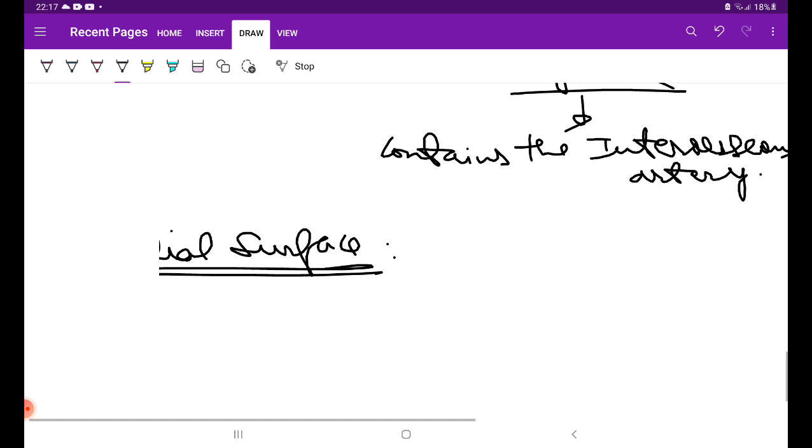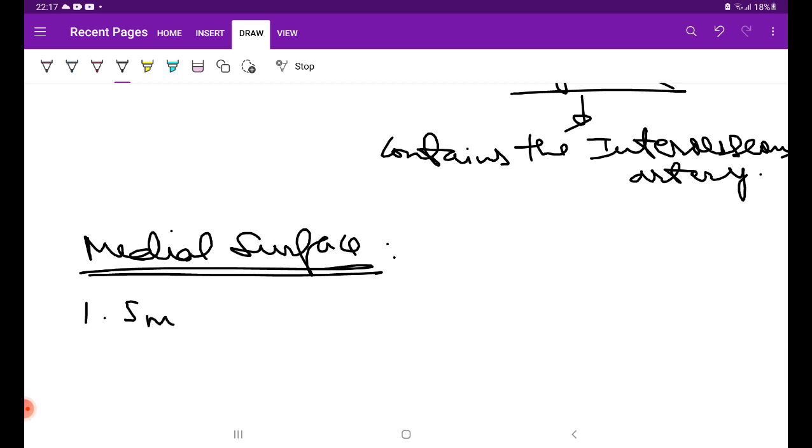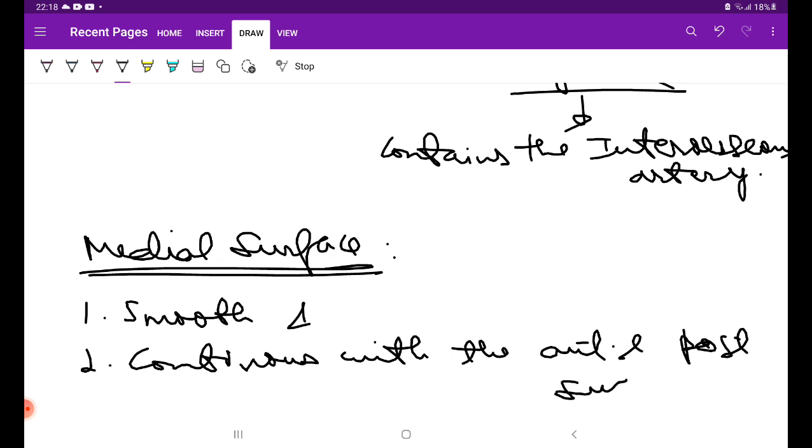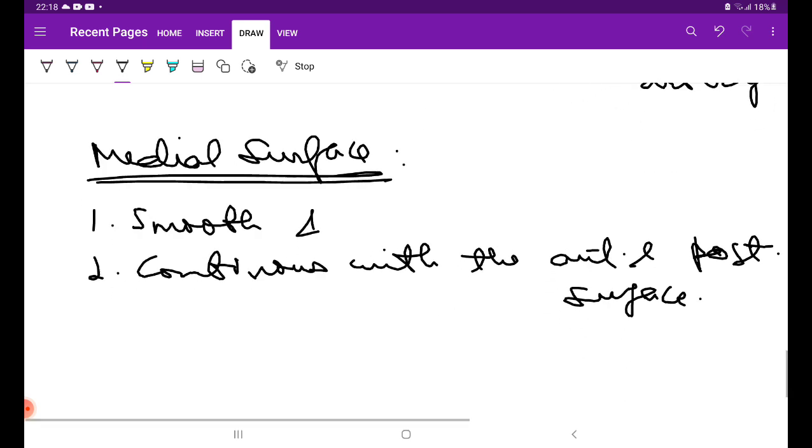Medial surface. The medial surface is smooth and continuous with the anterior and posterior surfaces.